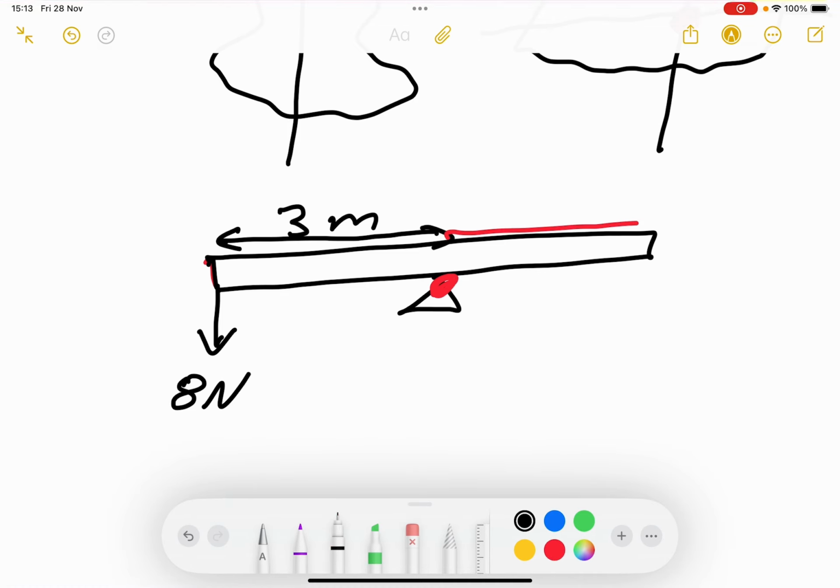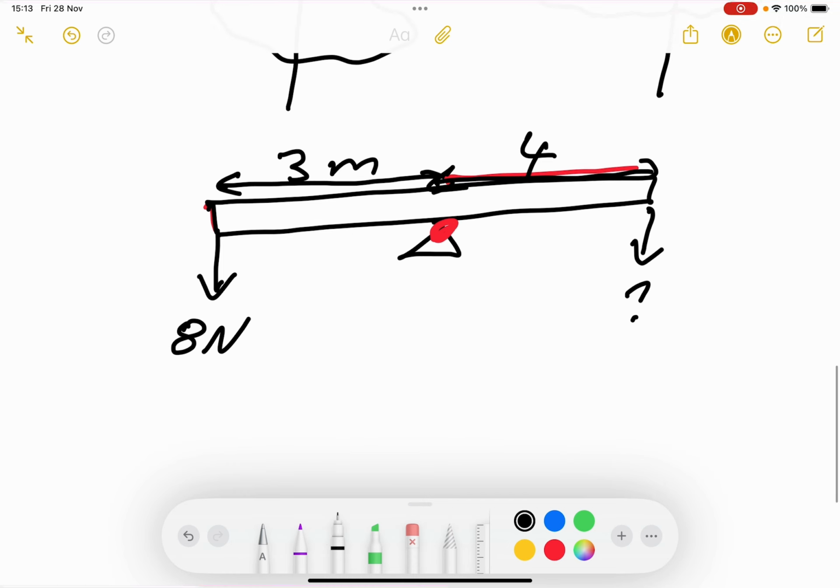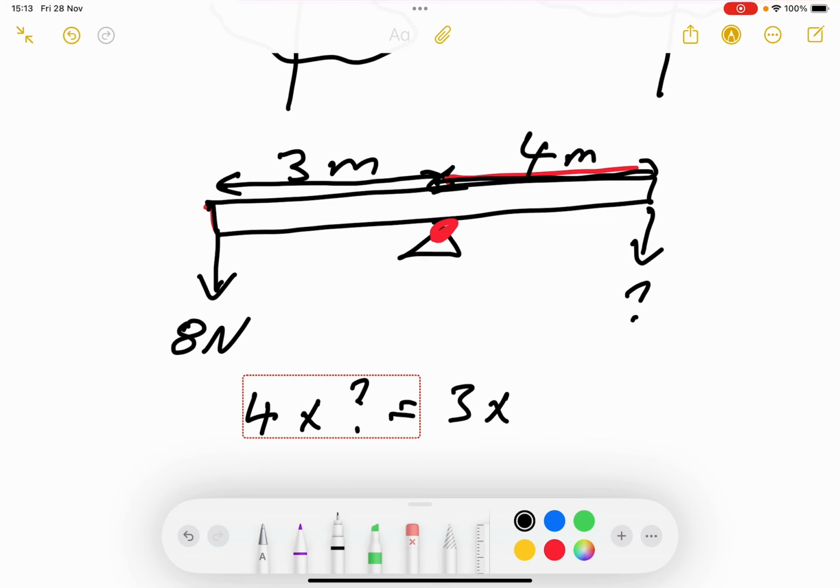So if this is 4 metres, what force acts here? The principle of moments states that the clockwise moment, which in this case is 4 metres times a force we don't know, equals the anti-clockwise moment, which is the distance of 3 metres times 8. 3 8s are 24.